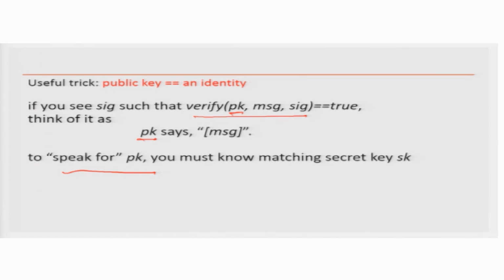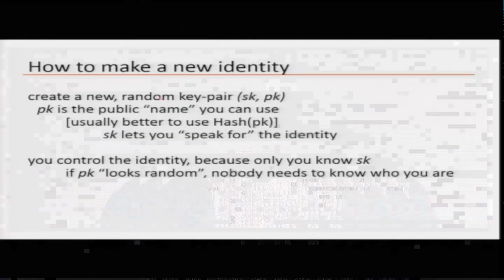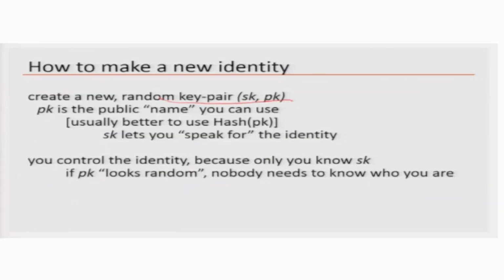Signature requires the corresponding private key, which you should keep to yourself. So, to make a new identity in the blockchain, what you do is you create a new random key pair. We know how to do that with the create key function, and PK becomes your public name and SK is kept as your hidden identity or key to your identity.